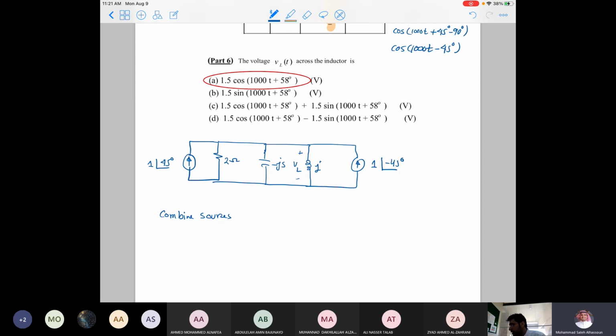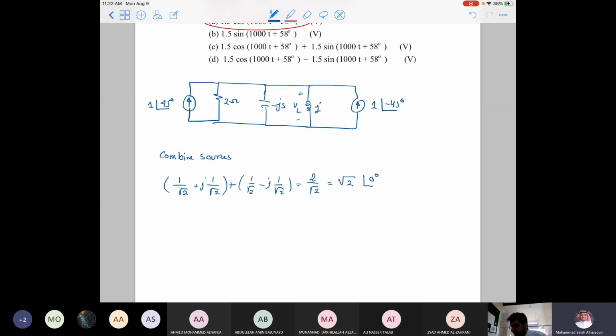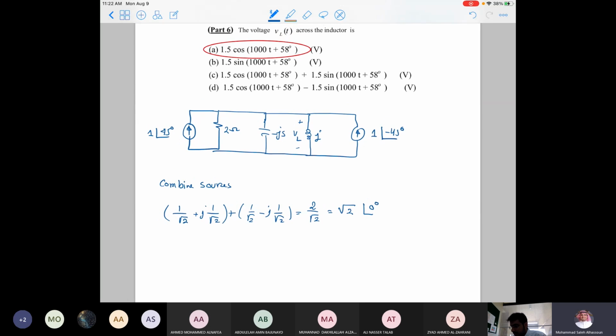I have current sources in parallel, so the combination of all of them would be... then I need to find, because this is the voltage across the inductor, which is the same as the voltage across the capacitor, which is the same as the voltage across the resistor because they are in parallel. So now we need to combine them in parallel.